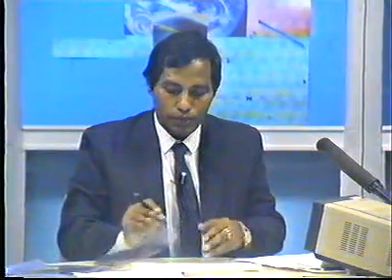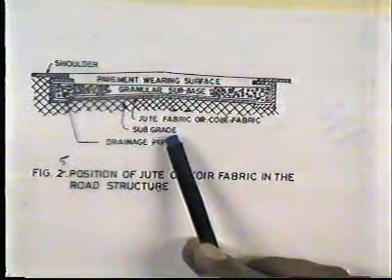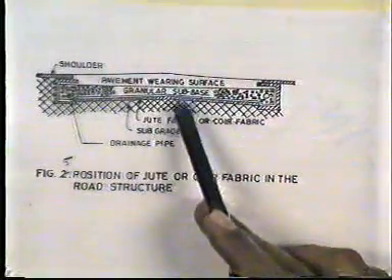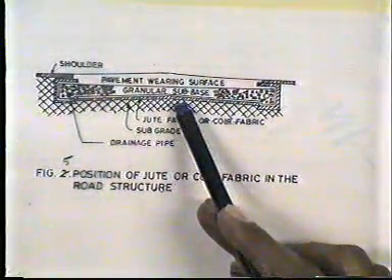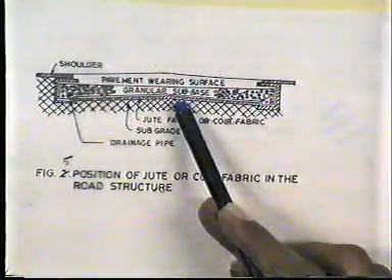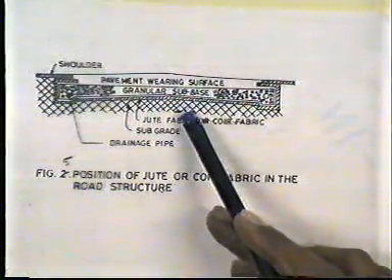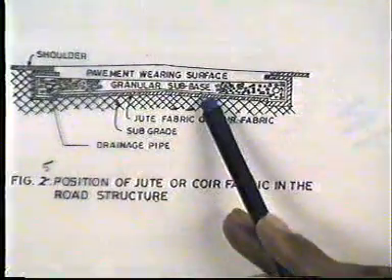When the subgrade is weak, with a California bearing ratio less than 3, jute and coir can be used to separate the subgrade from the subbase to serve a dual purpose.